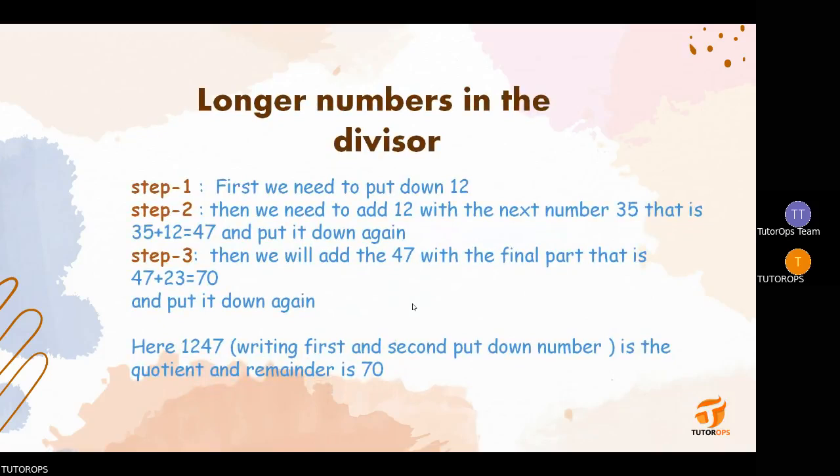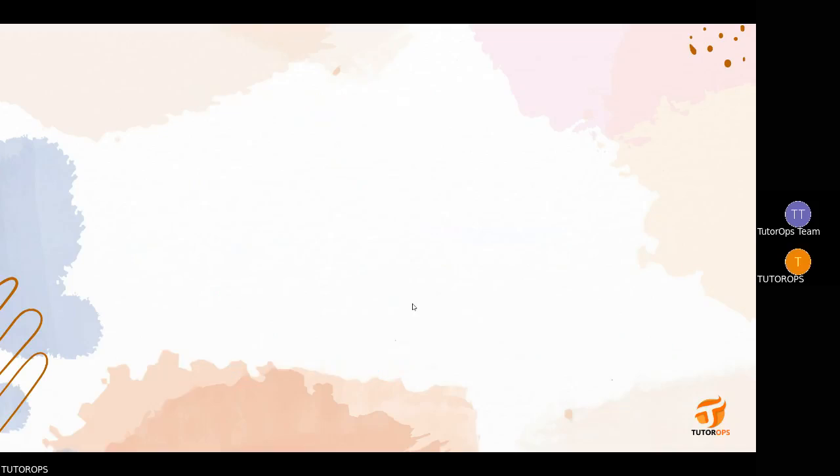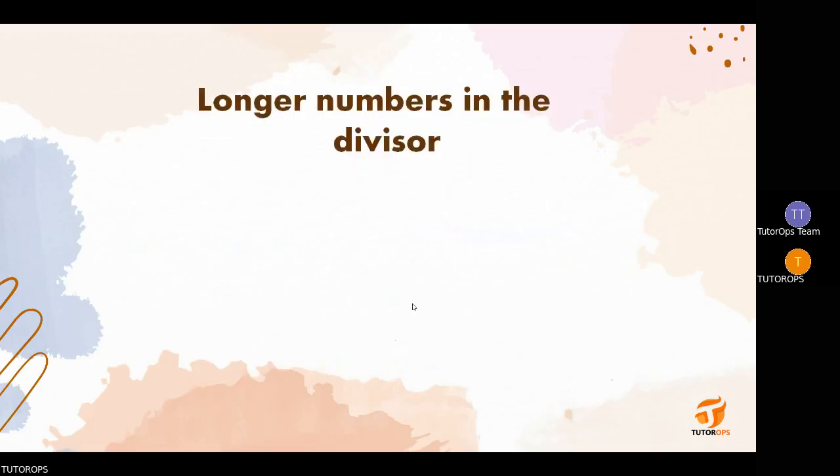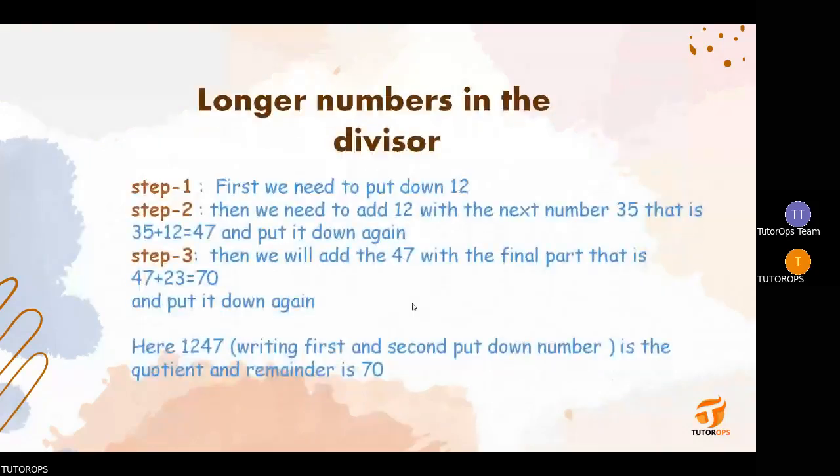Let me describe the steps. First step, we will put down the number 12. Why 12? Because the first part here was 12. Then we need to add 12 with the next part, that was 35.